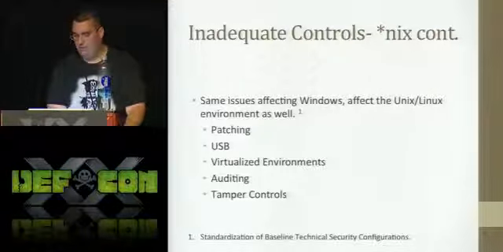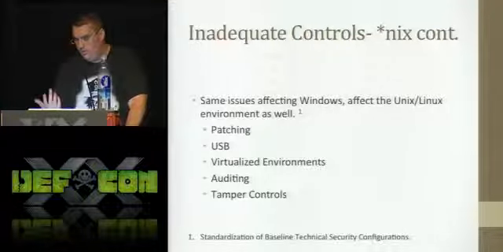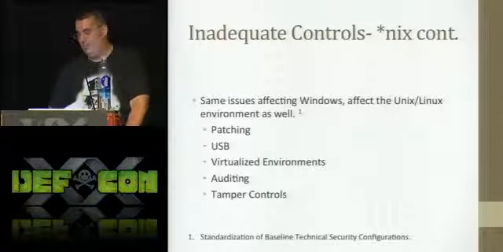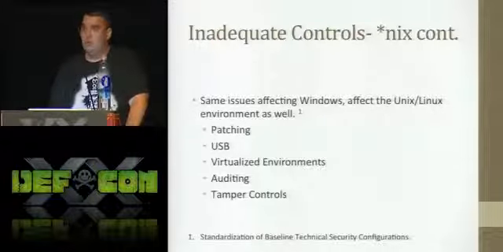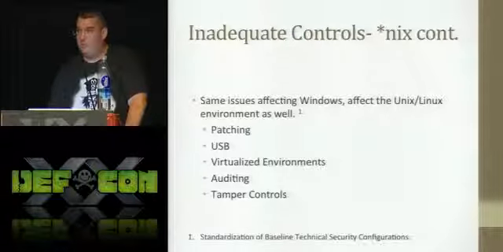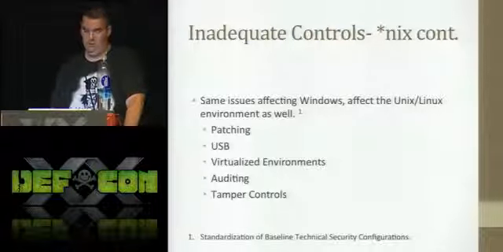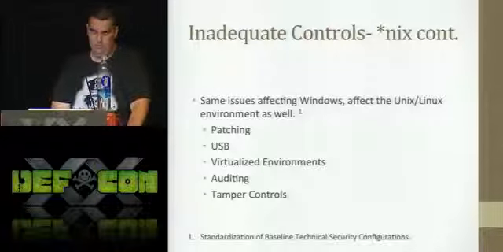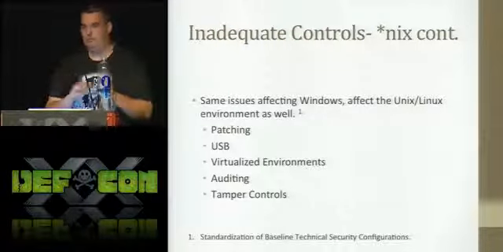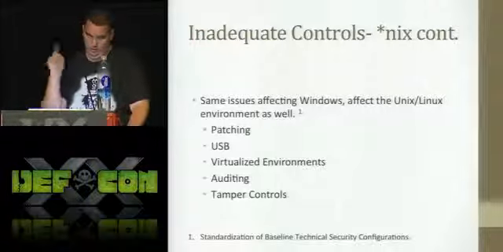Same issues that affect Windows affect Linux: patching, USB, virtual environments, and tamper controls. Like I said, there are no approved tamper controls, so there are no approved tamper seals, so they can use whatever they want. I've seen people use, not tape, but kind of laminated stuff, and then they put a number on it, and that works.